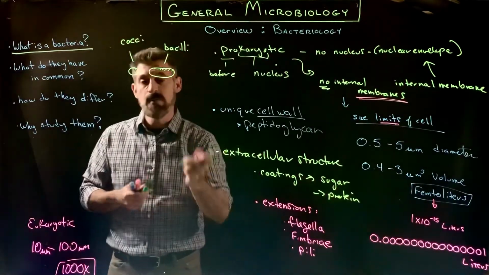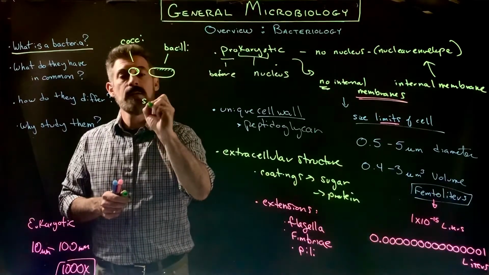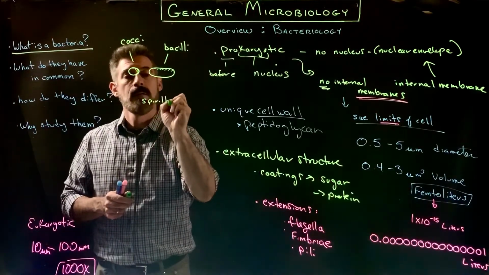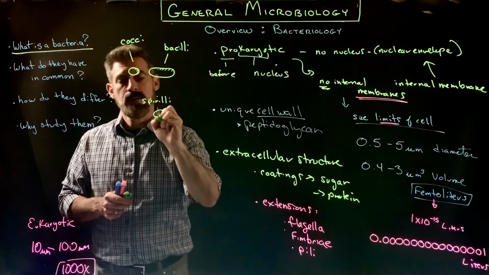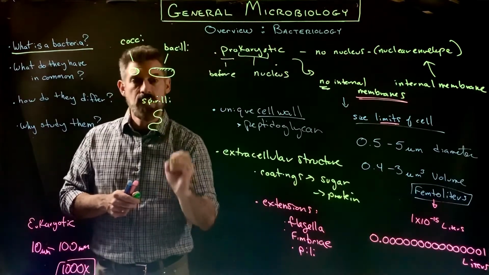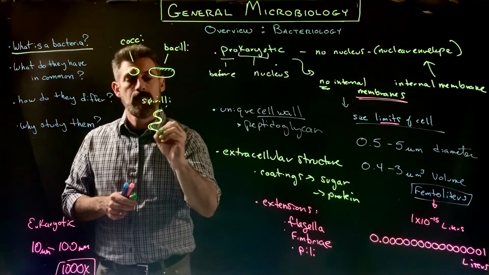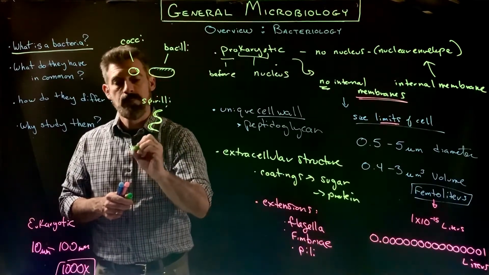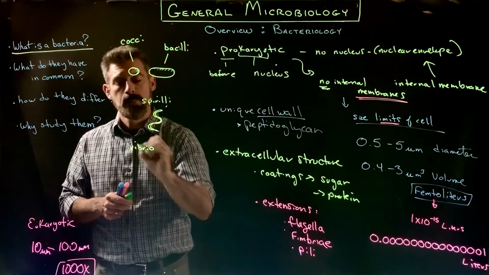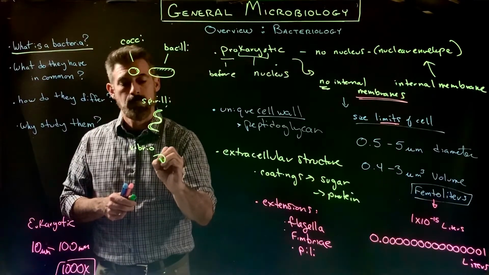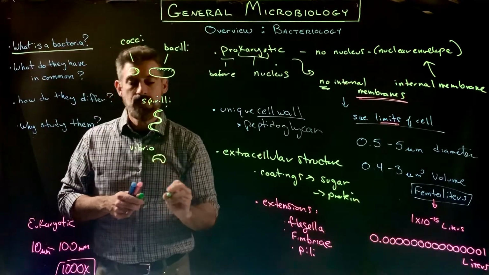Those are the two main groups. We also have spirilli, which kind of have this sort of shape. And then we have vibrio, which tend to be shaped sort of like this.